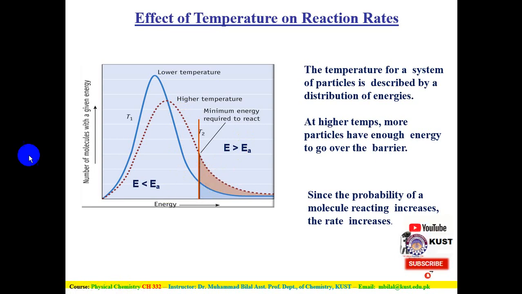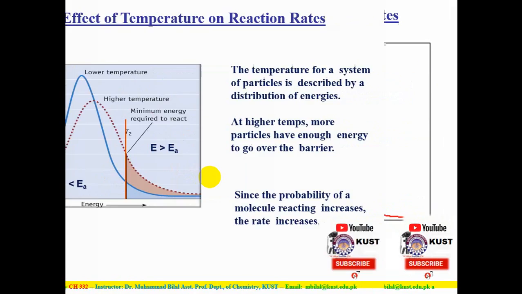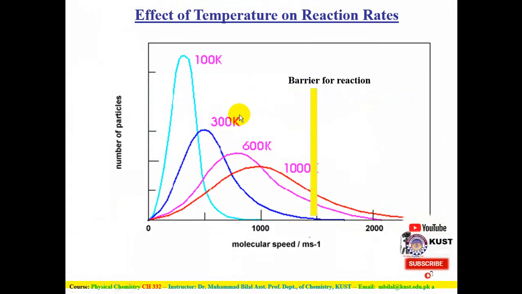So the rate of the reaction will increase, because a large number of molecules have sufficient energy to cross the activation energy barrier. This graph represents how, with the increase of temperature, the maximum of the energy distribution of molecules is shifted.